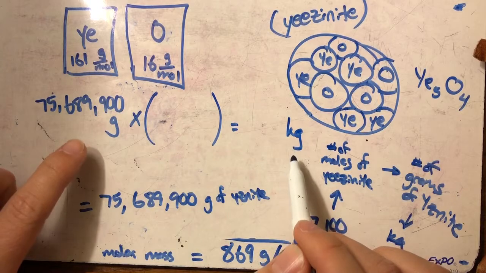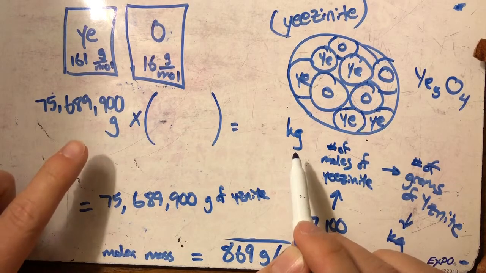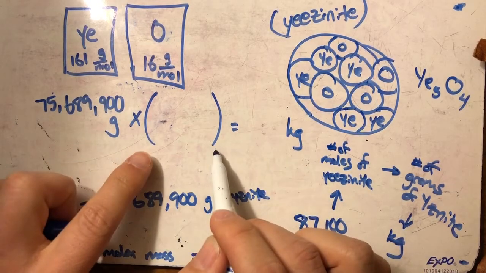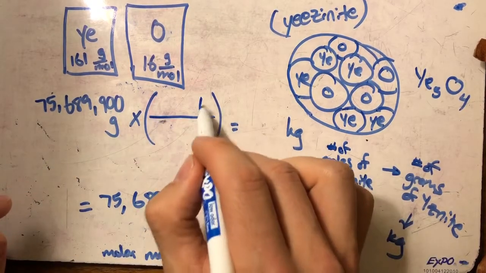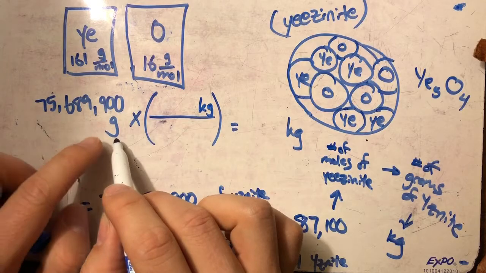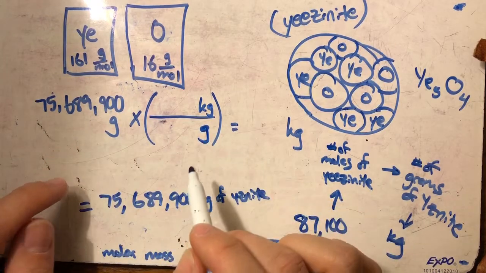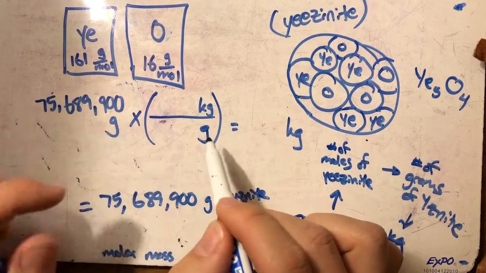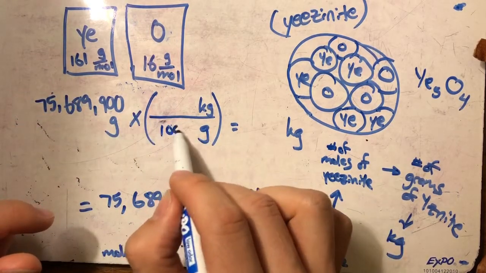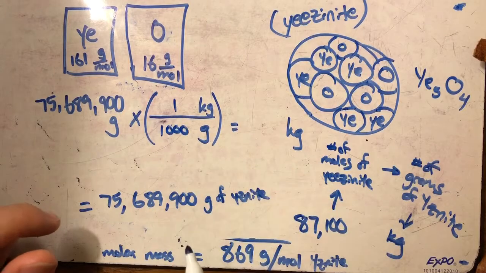And so again, we can set up our conversion process like this, and our conversion factor is going to be in the middle. Okay, what unit do we need to end up with? Kilograms, so we need to have that. What unit do we start with? Grams, that needs to be in the denominator. And so now, how many grams are in a kilogram? There's 1,000 grams in 1 kilogram.